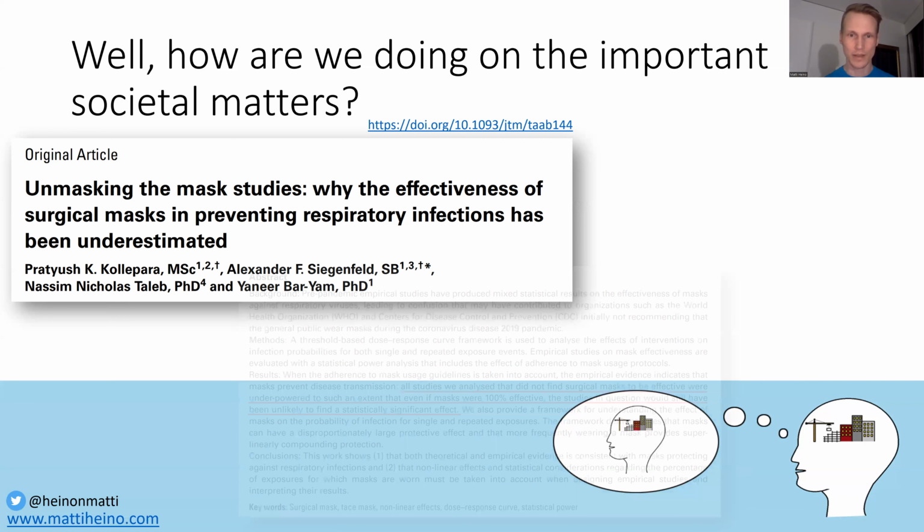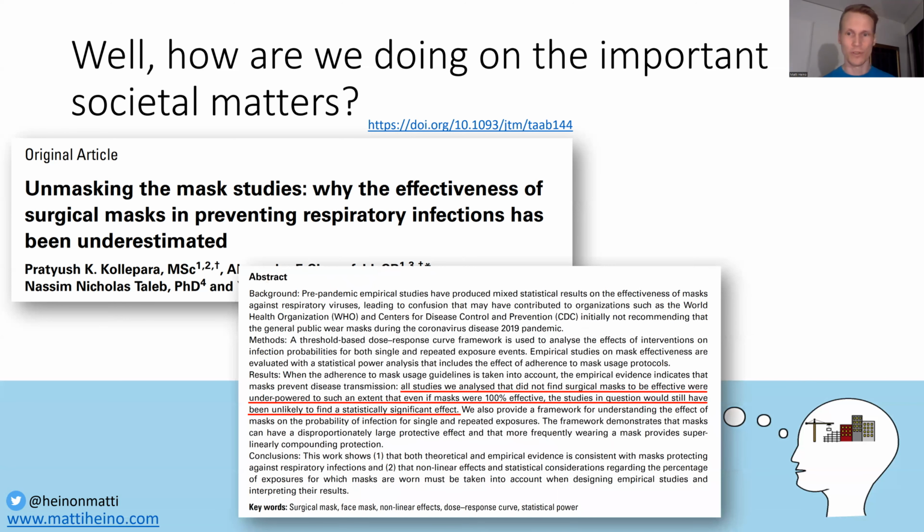But one interesting thing they found was that these studies were so underpowered that even if the masks were 100% effective, the studies would still have been unlikely to find a statistically significant effect.